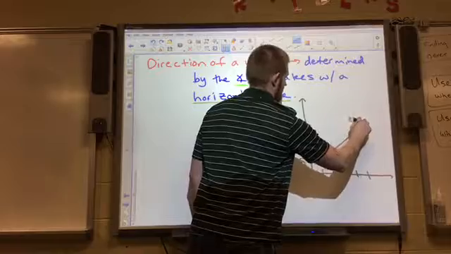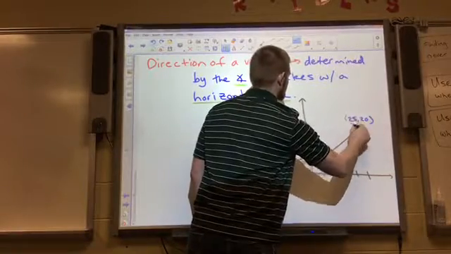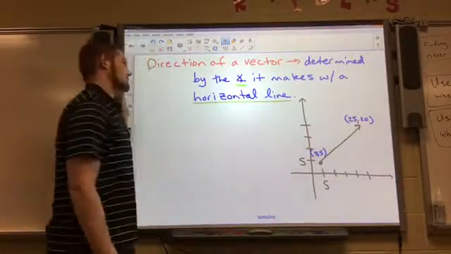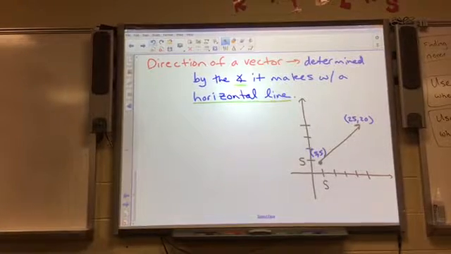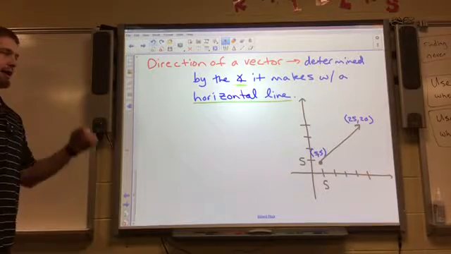Your terminal point is at 25, 20. And basically what they tell you is this is a ship. Okay, and that's the most common time that you're going to use direction of a vector, with navigation. Okay, it's going to be like with ships, with planes, things like that.